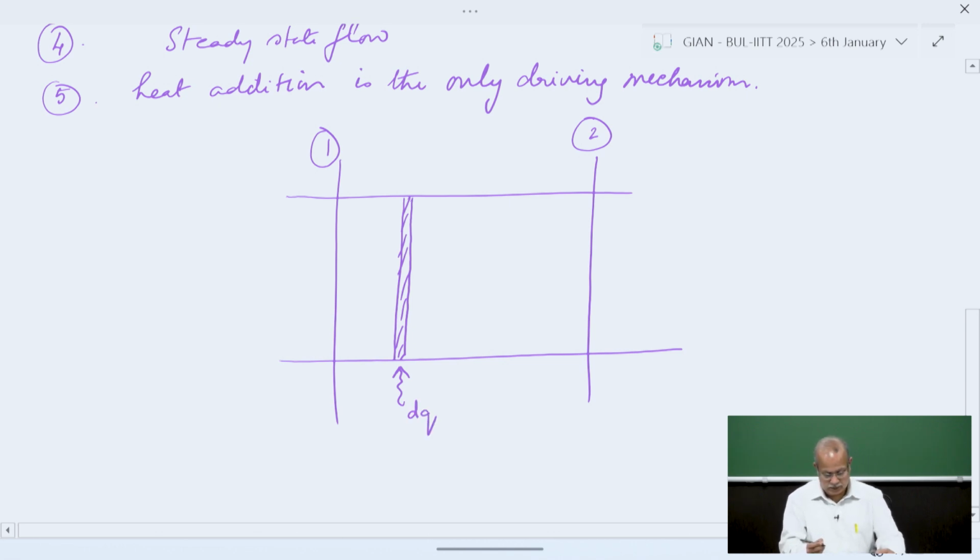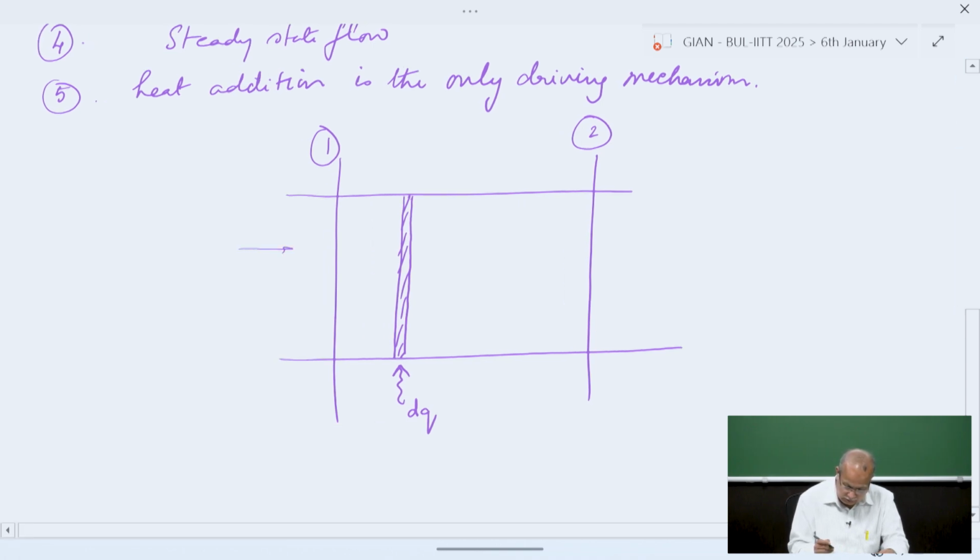This is the heat that is going to cause the flow to go in this direction. The effect of heat addition will cause the properties to change from P1 to P2, temperature from T1 to T2, density from ρ1 to ρ2, total temperature TT1 to TT2, and total pressure PT1 to PT2, and so on. And this is entropy S1. The entropy will increase.